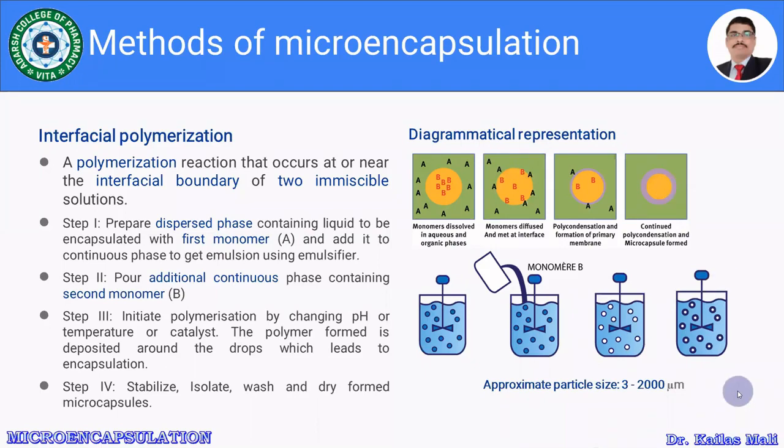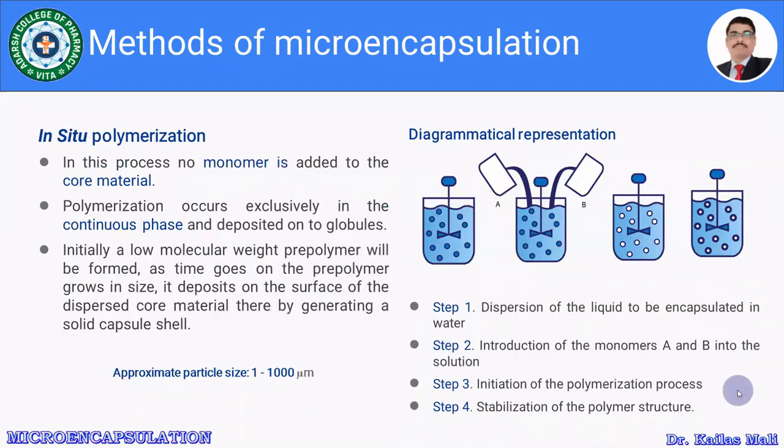Let us move towards the next method, known as in situ polymerization. In interfacial polymerization, we use 2 monomers: monomer 1 is dissolved in the continuous phase, and monomer 2 is dissolved in the organic phase, in the case of an O/W type of emulsion.